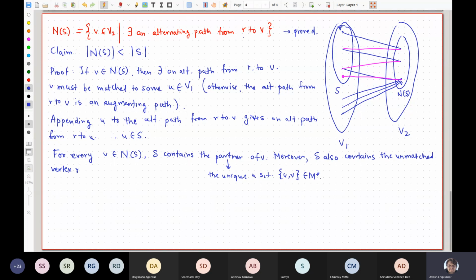So for every V in NS, V has a partner and it is in S. So let me write it that way. Every V in NS has a partner and the partner is in S. Okay, so this is a bit cluttered.